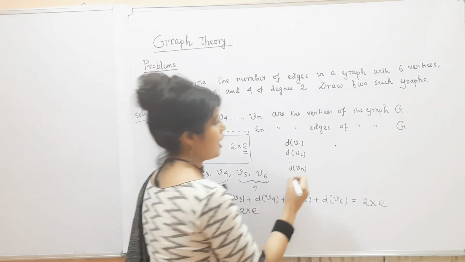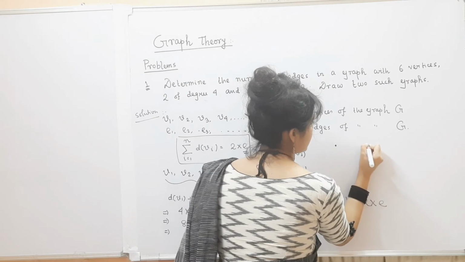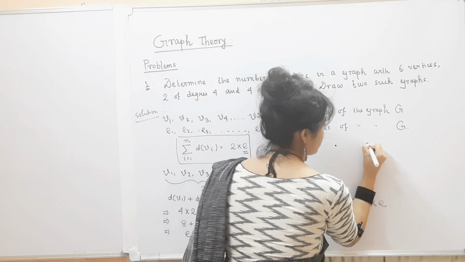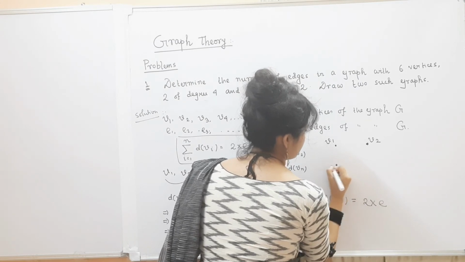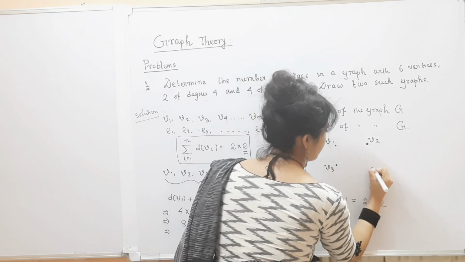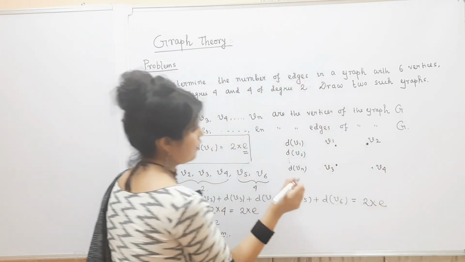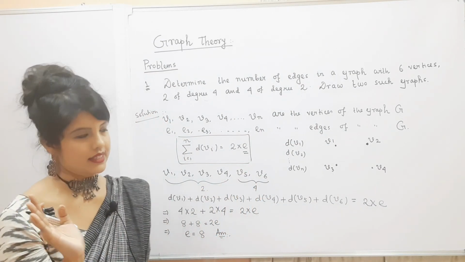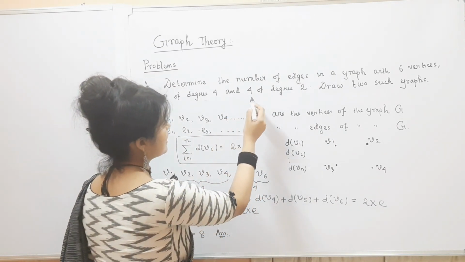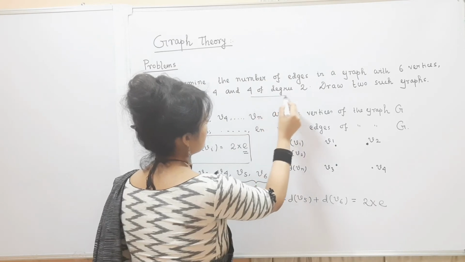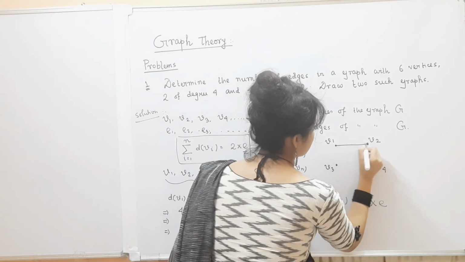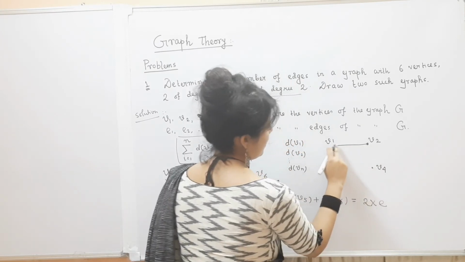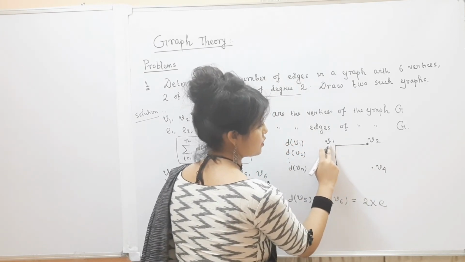So there are 6 vertices: V1, V2, V3, V4, and V5, V6. It is already given that 4 are of degree 2. So I can join V1 and V3, so the degree of V1 is 2.